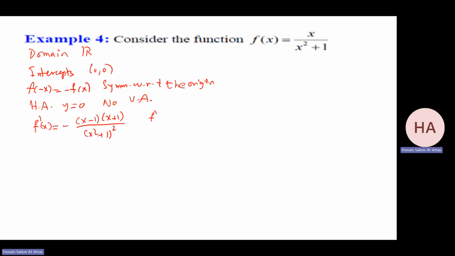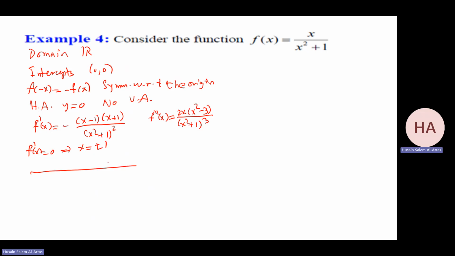F double prime, just for completion, that will be 2x. Okay, here I have f prime equals 0. So I have x equals plus or minus 1.